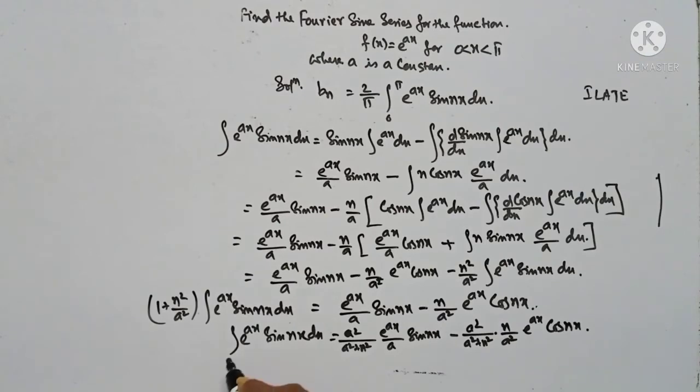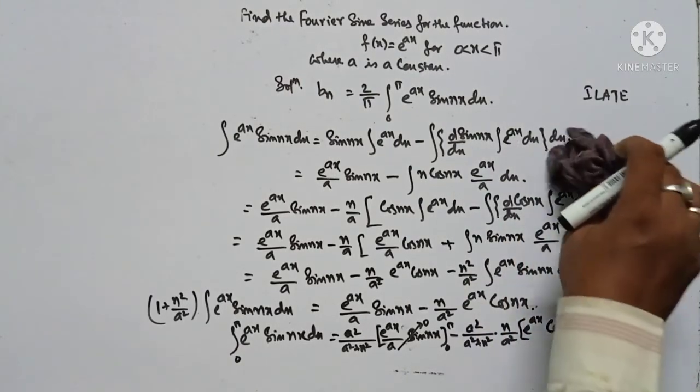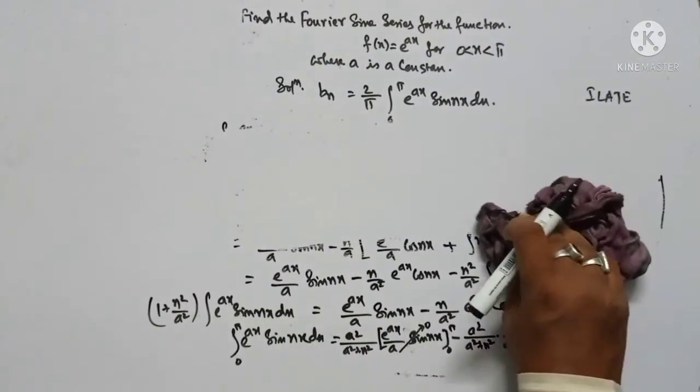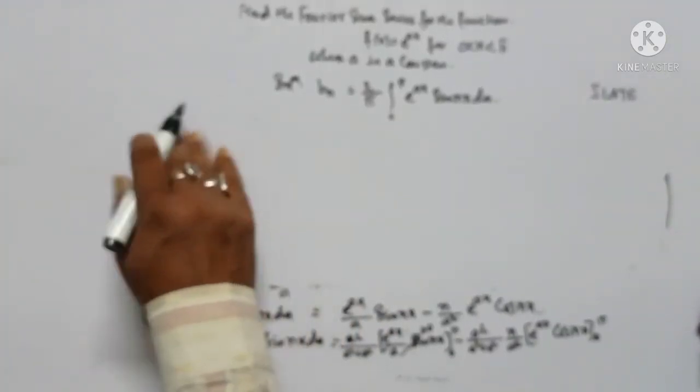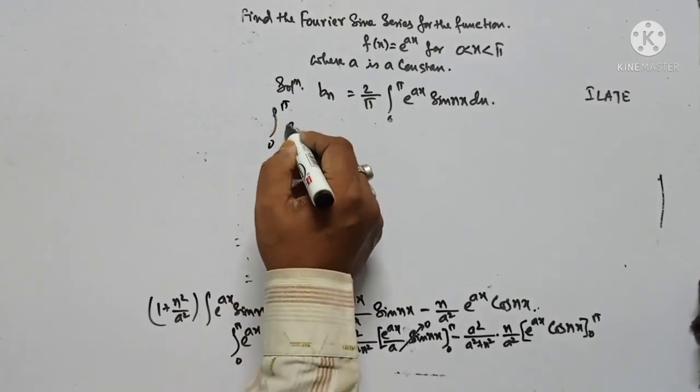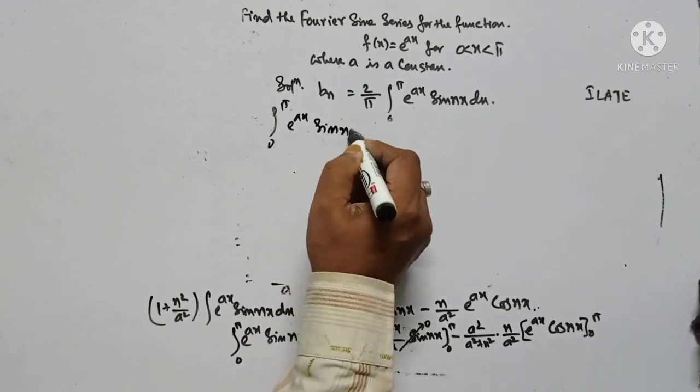Now if I take the limits 0 to pi, the sine part becomes 0 at both limits, so you are left with the integral from 0 to pi of e to the power of ax sine nx dx.